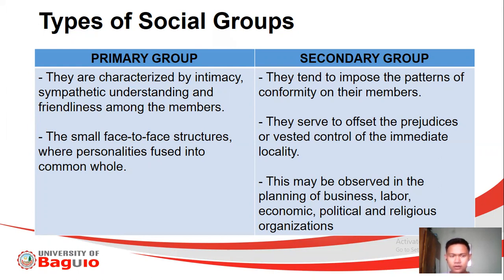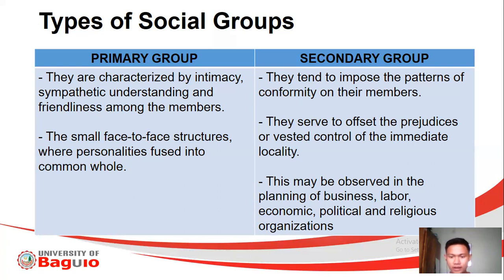Now, on the other side, we have the secondary group, and it is defined as tending to impose patterns of conformity on their own members. When I say patterns, may rules and regulations tayo that we need to follow being part of this group. They serve to offset the prejudices or vested control of the immediate locality.